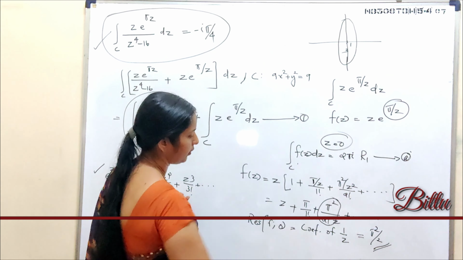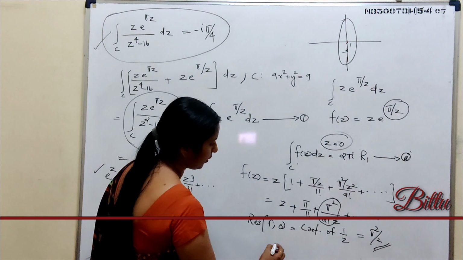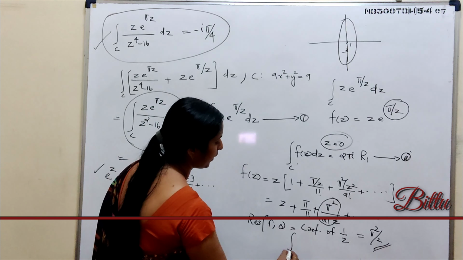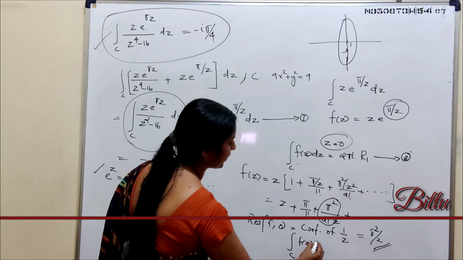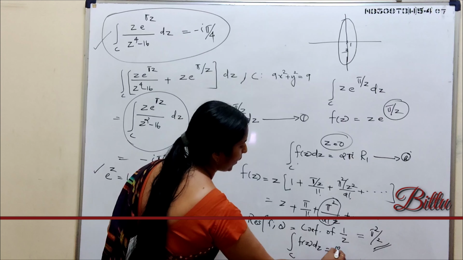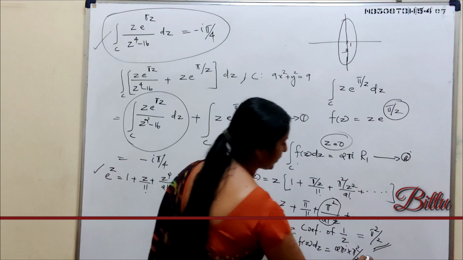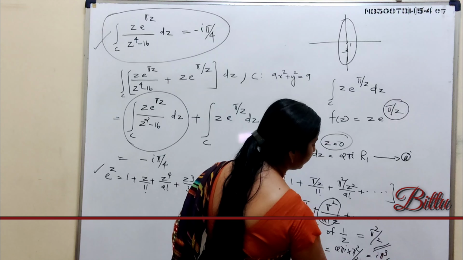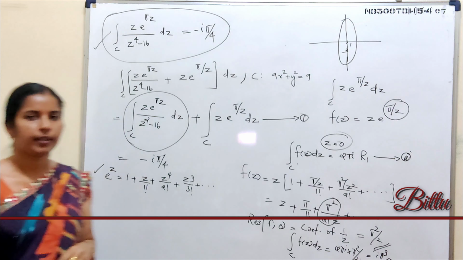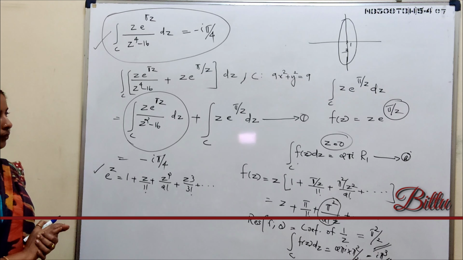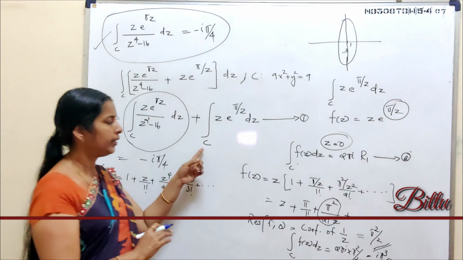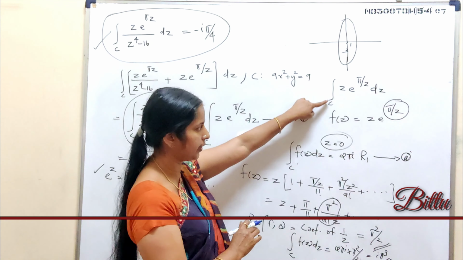You put R1 in equation number A. So we have integral over C of F(z) dz is 2 pi i into pi square by 2, that is i pi cube. You substitute this value in equation number 1. This is the value of this integral.